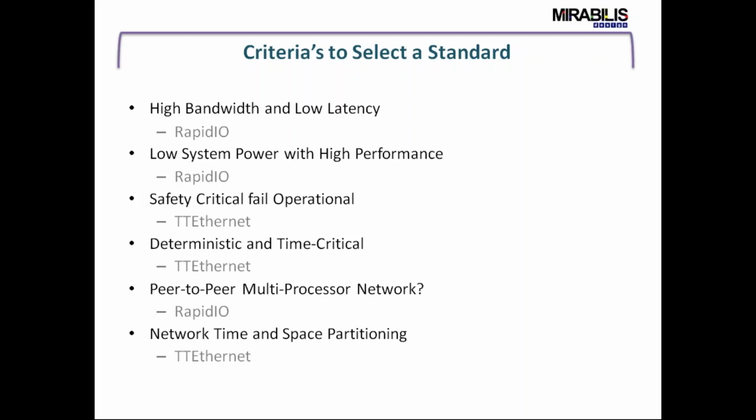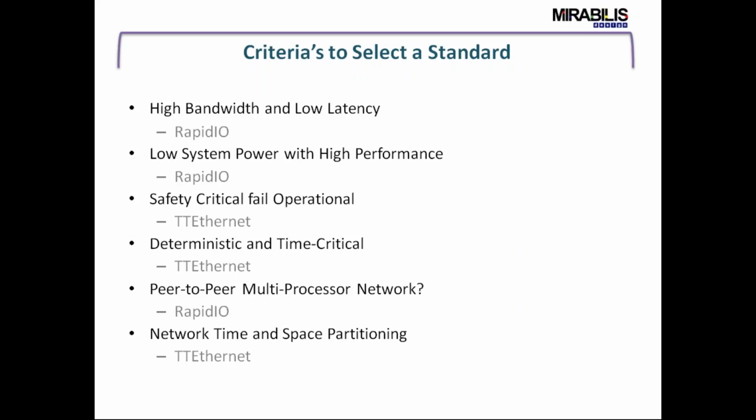So you need a processor board that works even if something goes wrong in the network. You may have to have triple mode redundancy or dual redundancy networks, things like that. So in that case, the question may be, should you go with RapidIO, or should you go with TTEthernet, or should you use both the technologies and try to achieve the requirements.